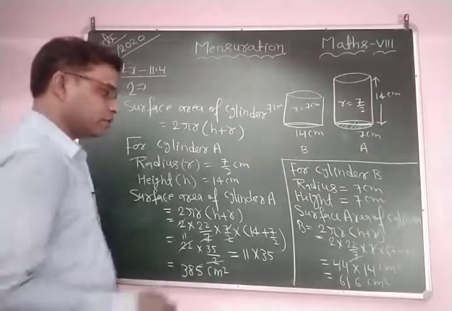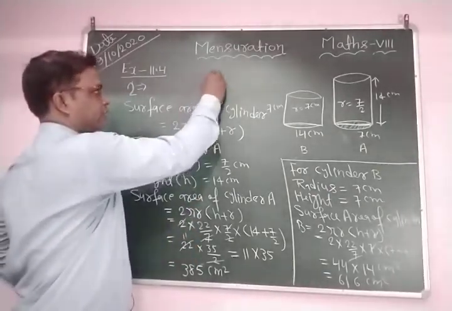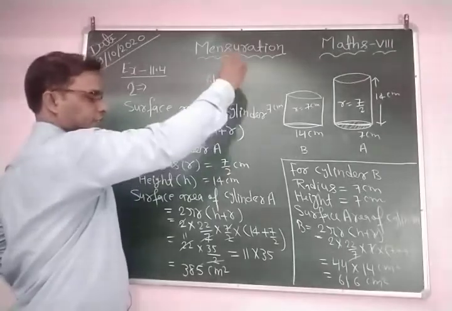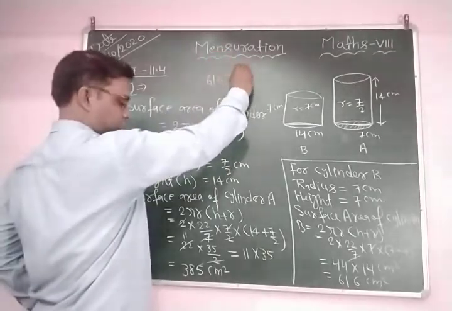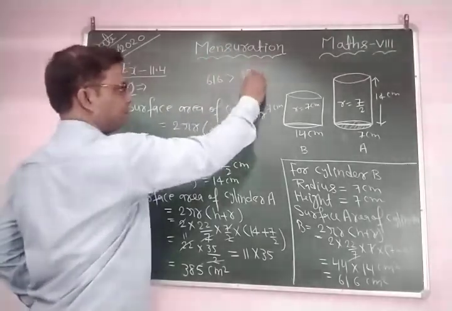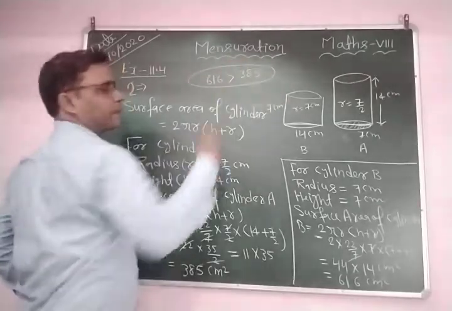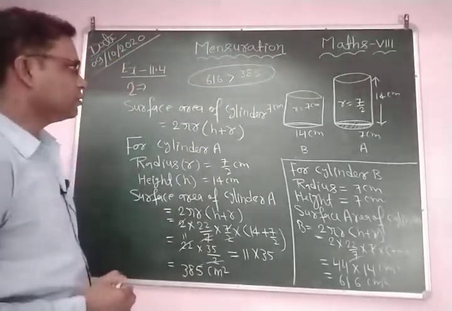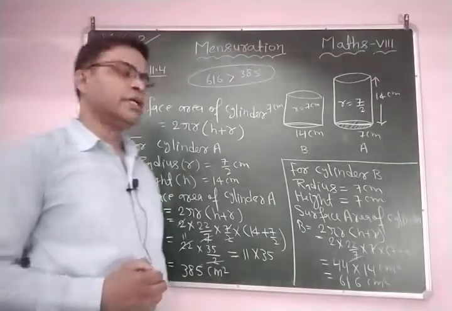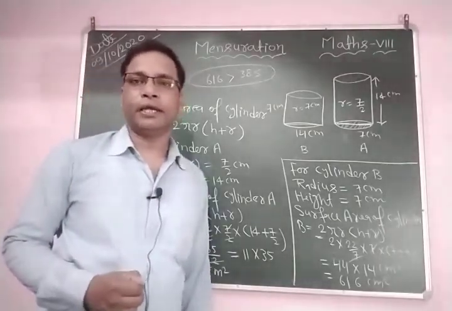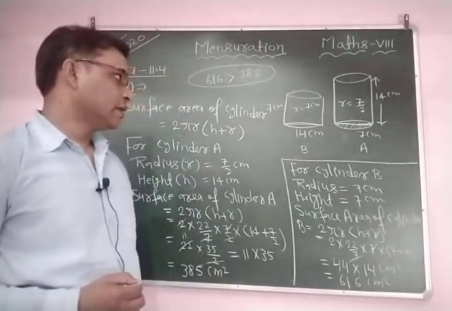So you can observe that 616 is greater than 385. This is clear. Okay, so you can say the area of cylinder B is greater than the area of cylinder A.